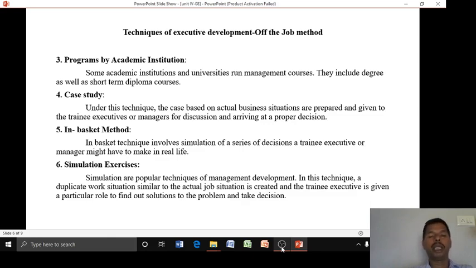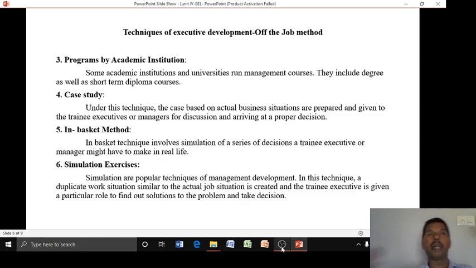Next, simulation exercises. Simulations are popular techniques of management development. In this technique, a duplicate work situation similar to the actual job situation is created, and the trainee executive is given a particular role to find out the solutions to the problem and take the decision.